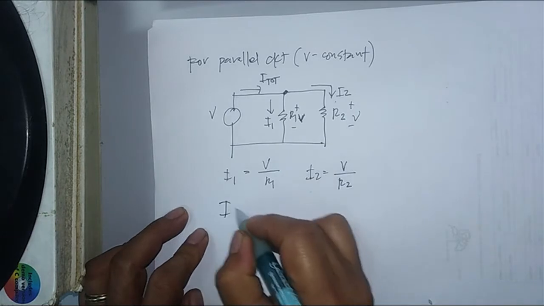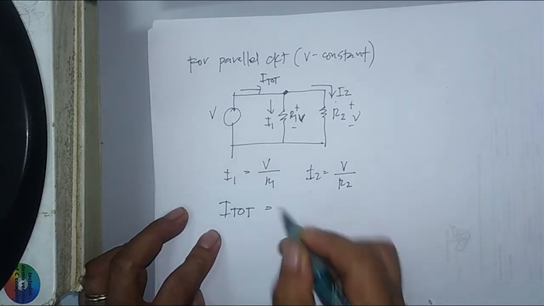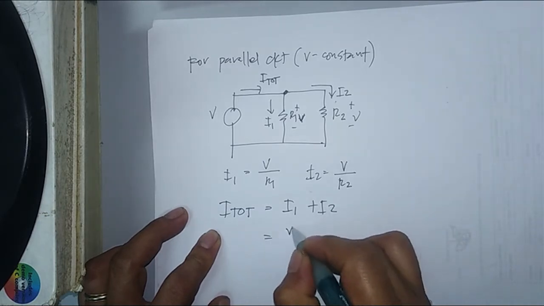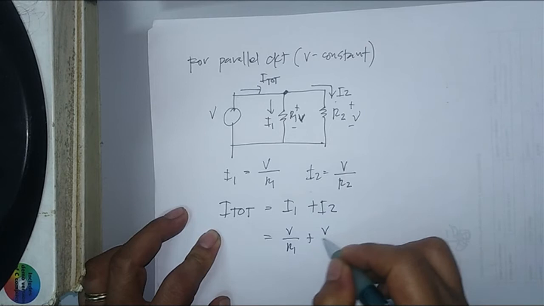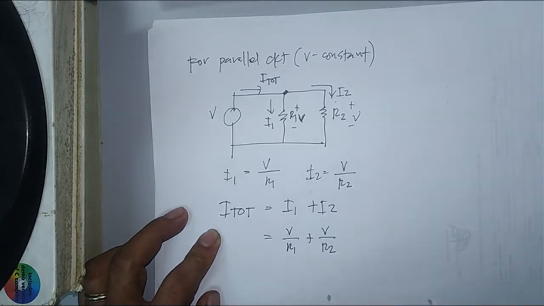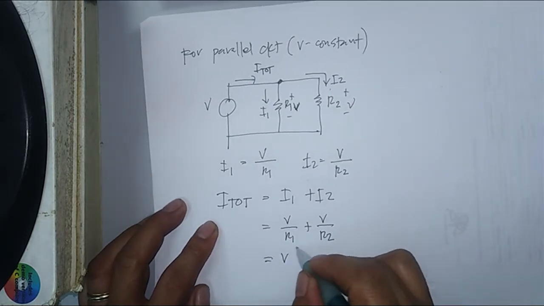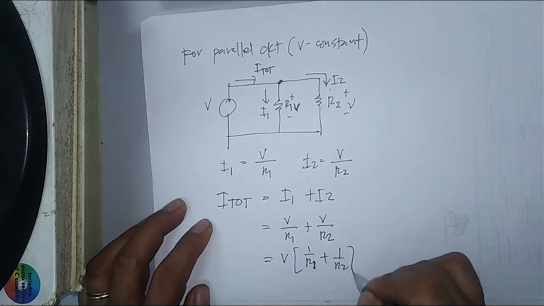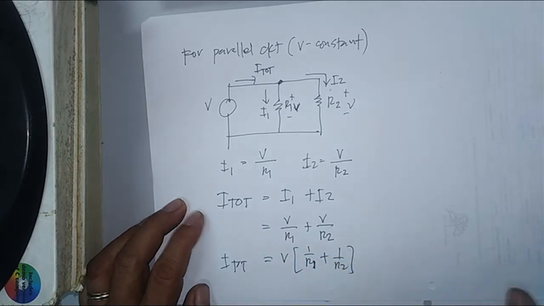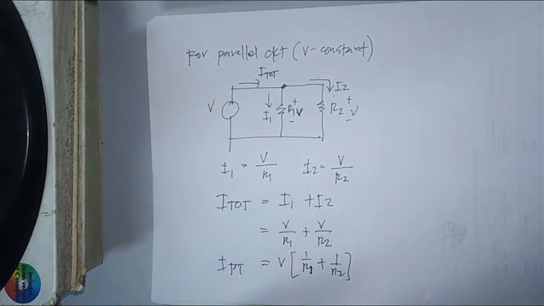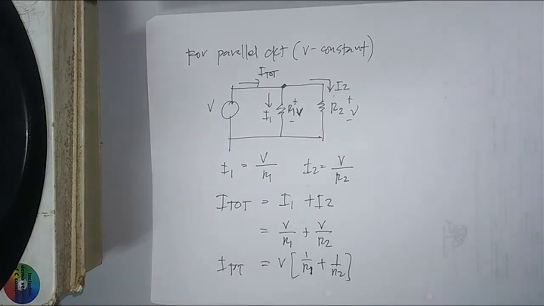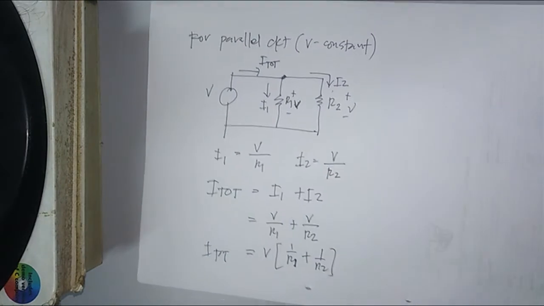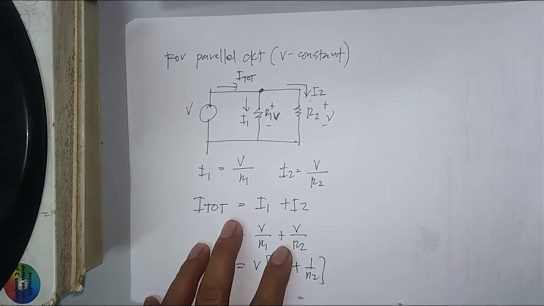Now to solve for the total current, that is just I1 plus I2, or V over R1 plus V over R2. Or you can take out V, and then this will become V times 1 over R1 plus 1 over R2. The same will happen if the circuit is composed of inductors and capacitors. So for now we will be focusing on resistance and capacitance.